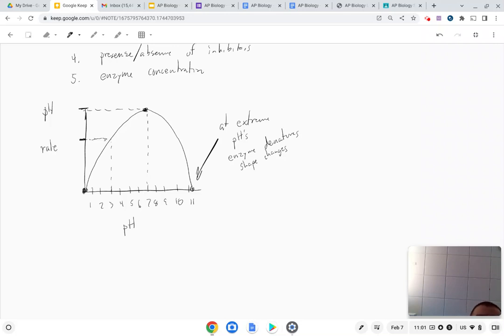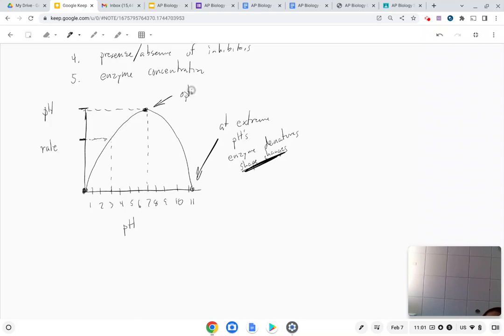Now, why does the shape change? The extreme pH alters the bonding of the R groups in the protein. You remember the R group interactions. Well, if we go to extreme pHs, the presence or absence of protons will alter the way that those connect. So it has an effect on the shape. So in this case, this is the optimal.